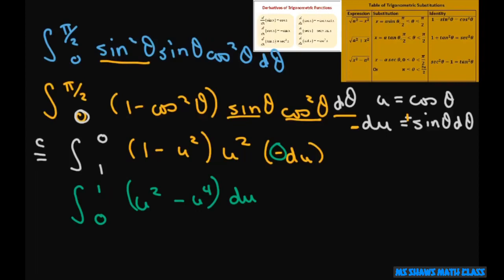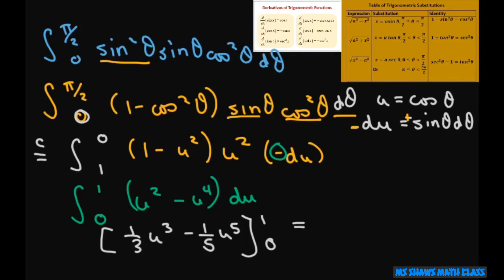So integrating that, we're going to get 1/3 u cubed minus 1/5 u to the 5th, and we're going from 0 to 1.